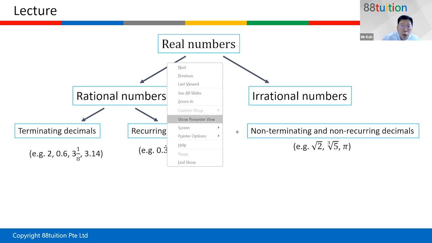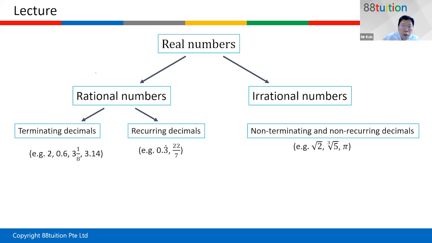Okay, so if any number can be expressed as A over B, where B cannot be 0 and A and B are integers, as long as a number can be expressed in this manner, it will be considered a rational number.